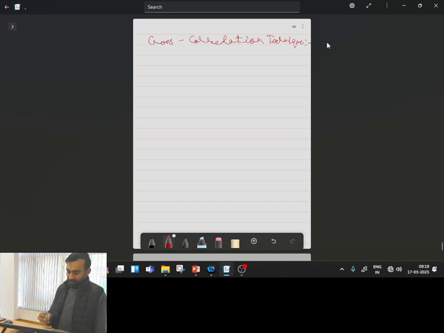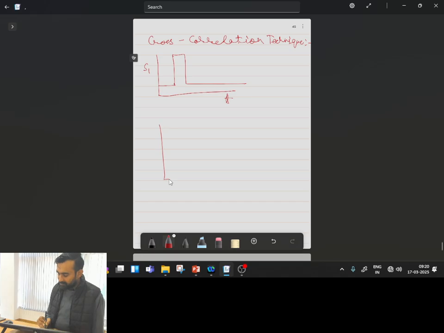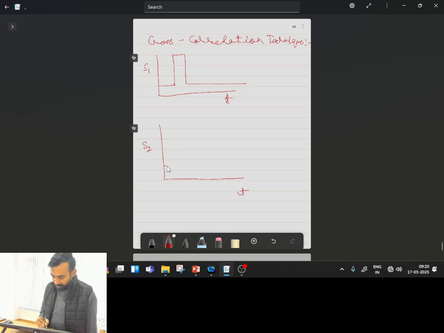Okay, so typically if I consider a signal S1 and its variation with time, say this signal is varying something like this. Now if I consider another signal S2 which is also varying with time and is also something like this.